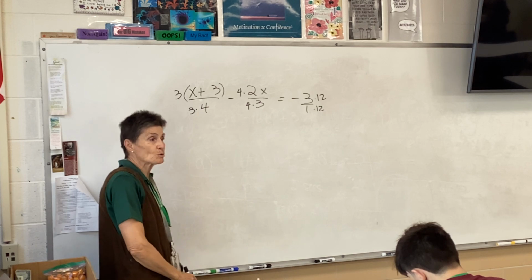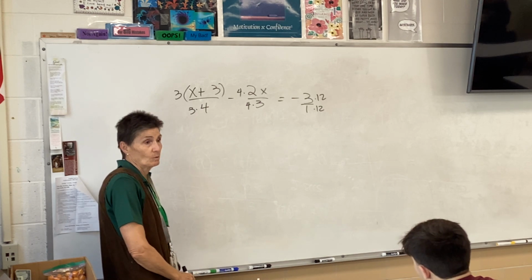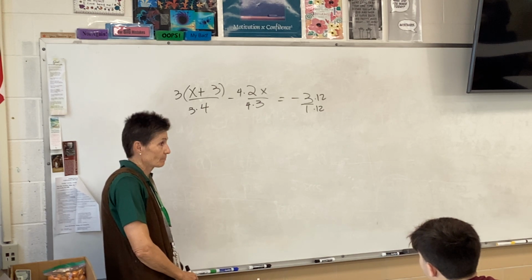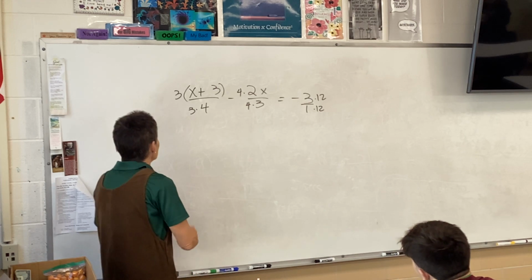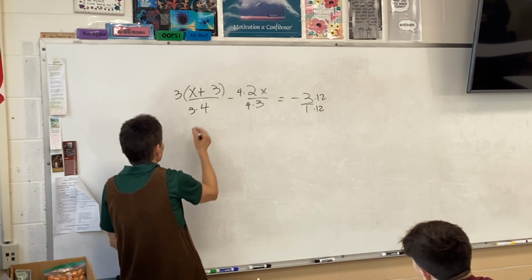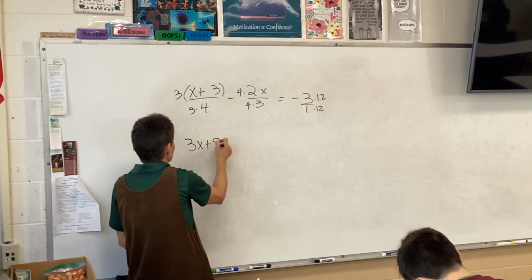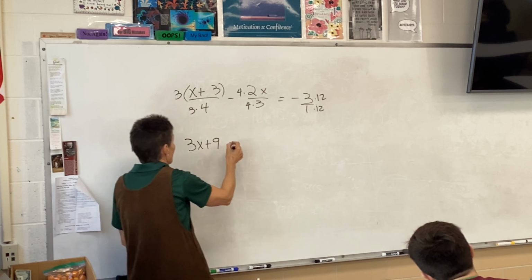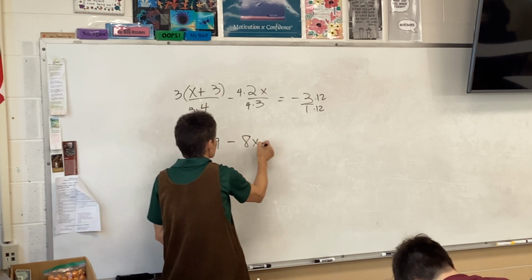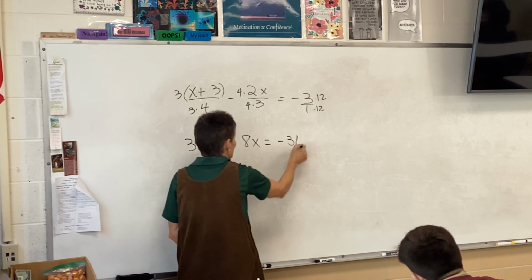Now, as soon as we do that, what can we do now? Take away the whole bottom. So we'll have on top 3x plus 9, that's always a distribute, minus 8x equal to negative 36.